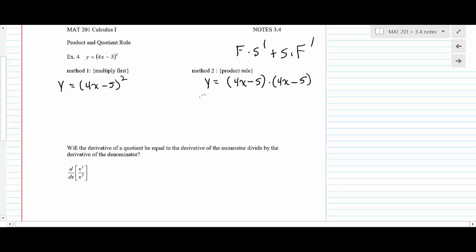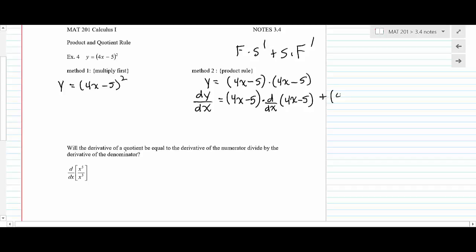So what we're going to do is the derivative. I'm going to write dy over dx. That means that's the value of the derivative. The way I do this is I write the first, and I don't touch it. Then I multiply by the derivative of 4x minus 5, like that. I'm not going to do the derivative yet. I'm just setting it up in the formula. Then I go backwards.